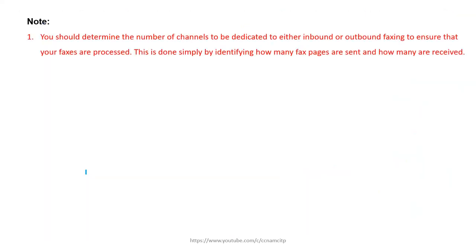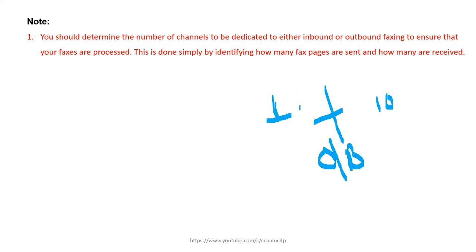Okay, here is a small note we should take care of. You should determine the number of channels to be dedicated to either inbound or outbound faxing to ensure that your faxes are processed. So for example, you have 10 channels. You can give 5 for outbound and 5 for inbound, or you can give 3 for inbound and 2 you can put as a buffer.